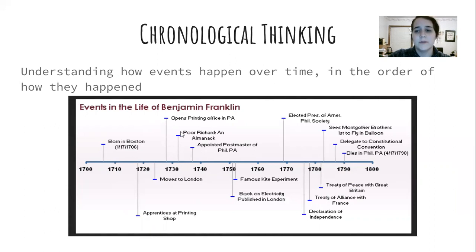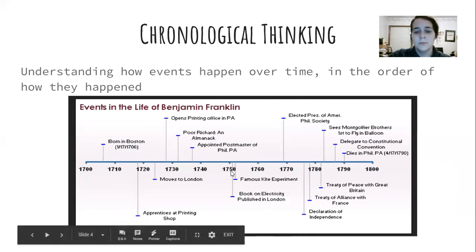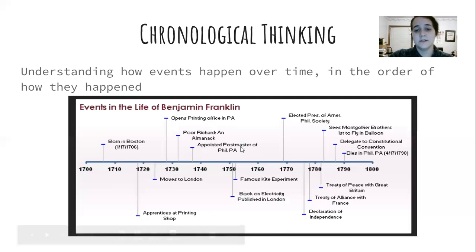And then we can skip over to when he was appointed the postmaster of Philadelphia in Pennsylvania. And this is when he did his famous kite experiment somewhere between 1750 and 1760. So we would be able to look at this timeline, and I could say, okay, tell me when he published his book on electricity.